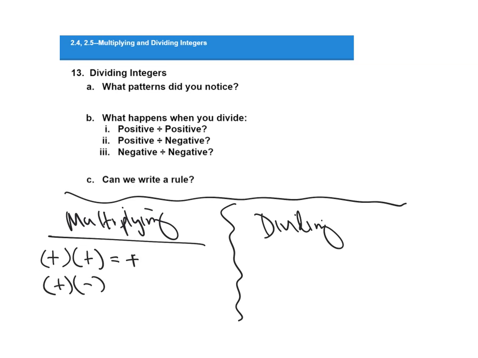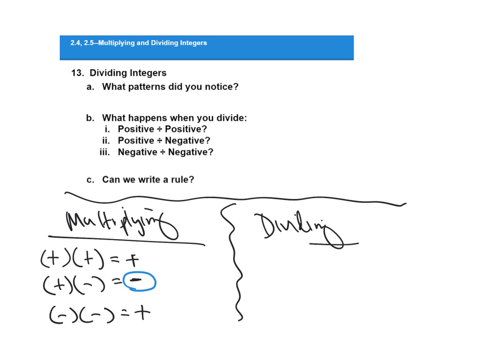Positive multiplied by a negative, you're going to get a negative. And then a negative multiplied by a negative will be a positive. So notice the only time you are getting a negative answer is when there's an odd number of negatives.